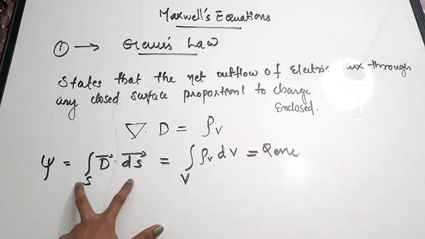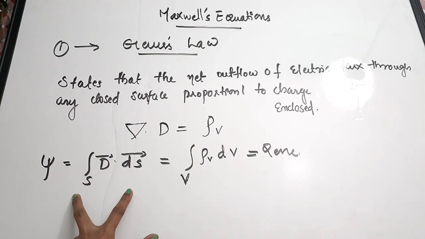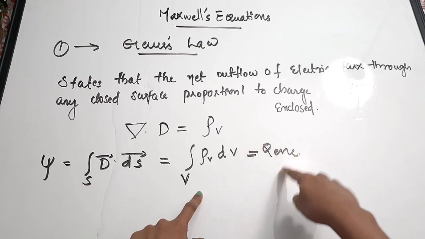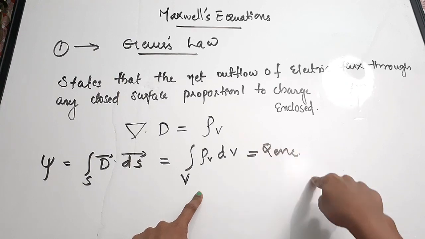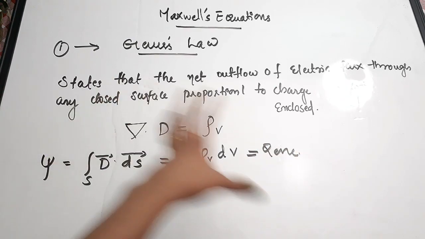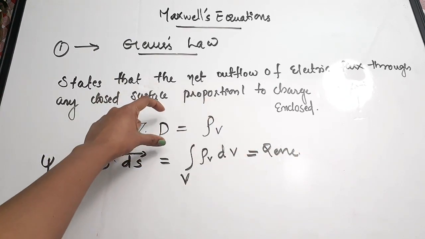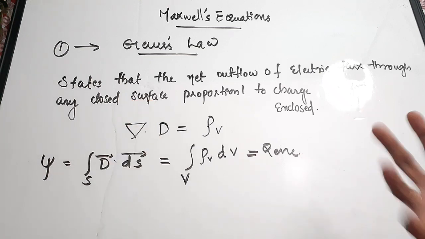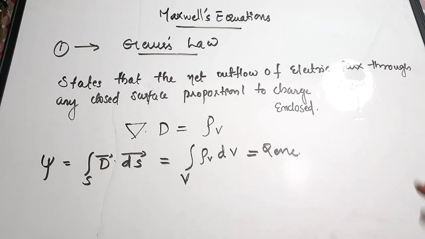This equation is for net flux, and this gives you the total charge, which is why I've written Q enclosed. Now we have written all this in terms of flux density. Also, we know that electric flux is related to the net electric field in a region or surface.